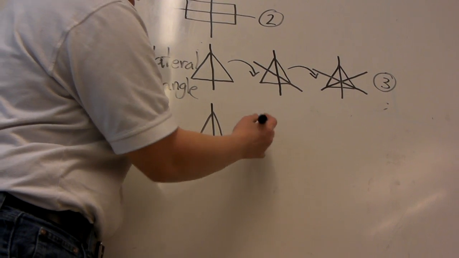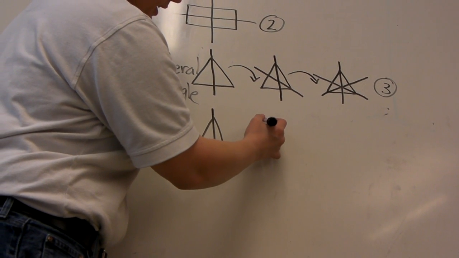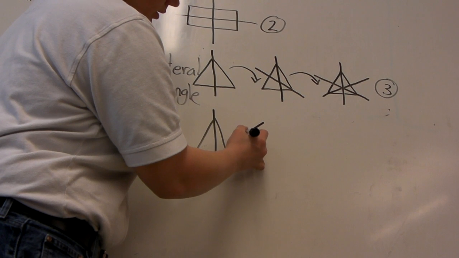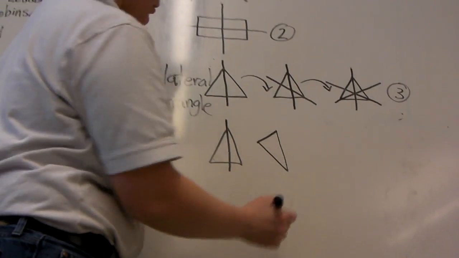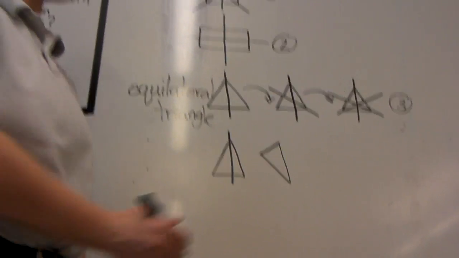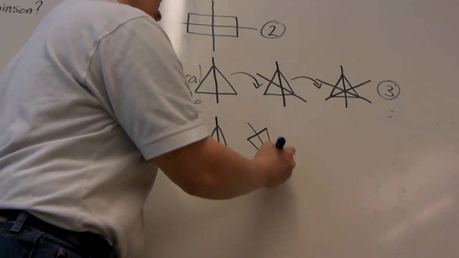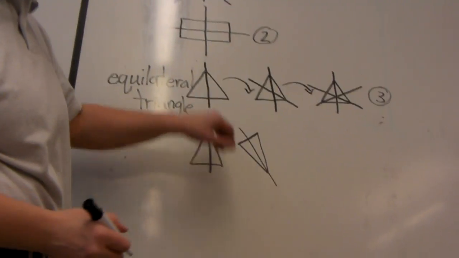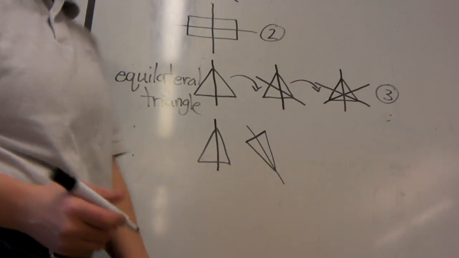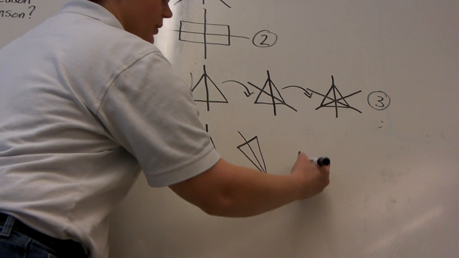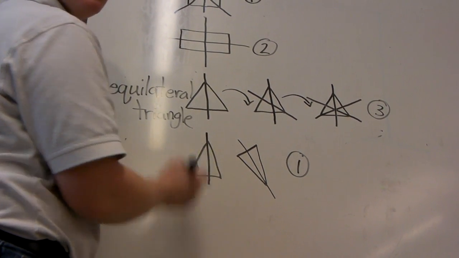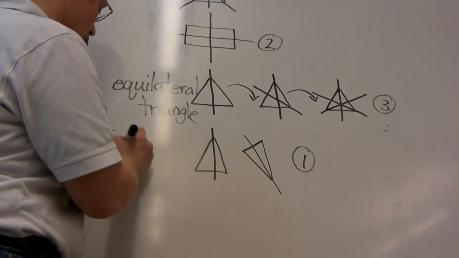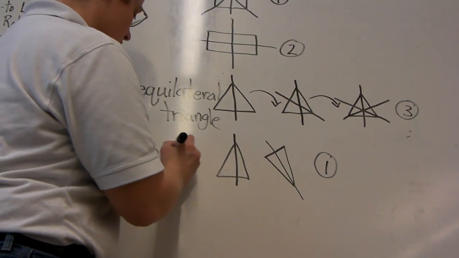This is going to come up here, so it's going to look like this. It's not going to be as easy to roll around as that one. So an isosceles triangle is just going to have one, because if I try to do that, it's not going to be equal. That's isosceles.